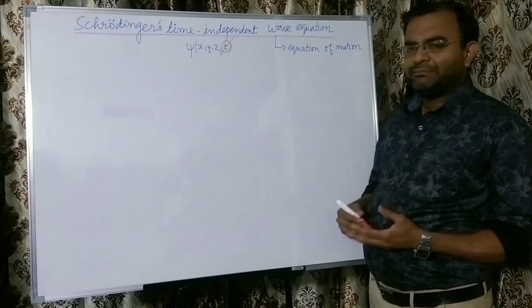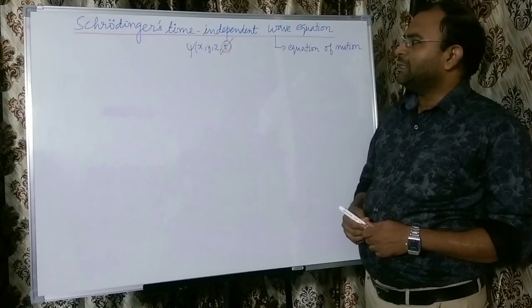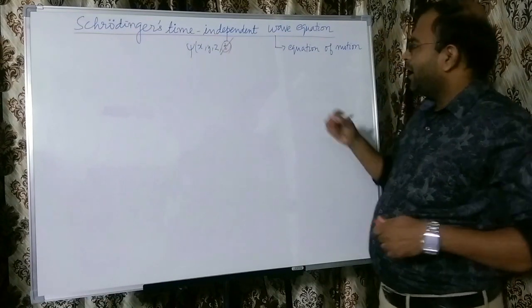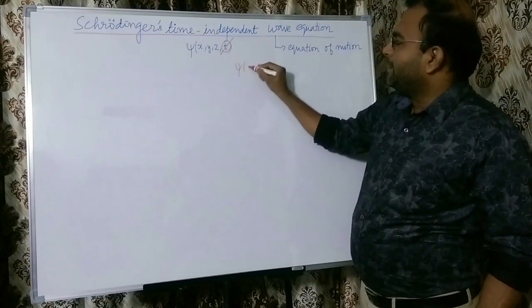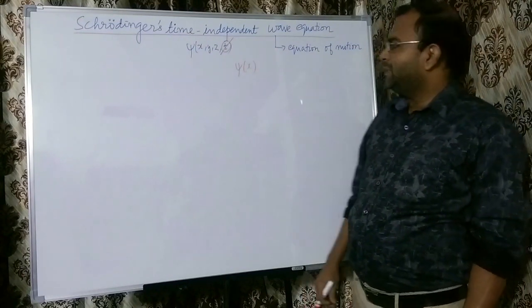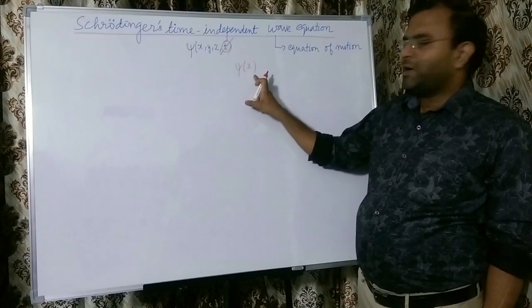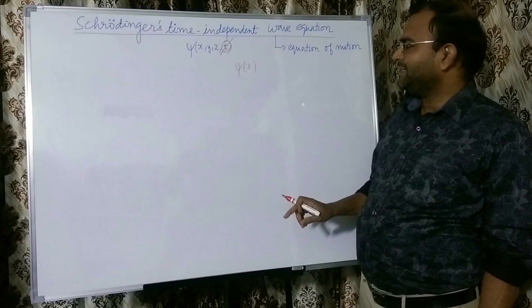What are those important points that we should remember? First, the wave function psi of x, let us say, if there is only the one-dimensional equation that we want to consider, then the wave function is only a function of one spatial coordinate x, psi of x.